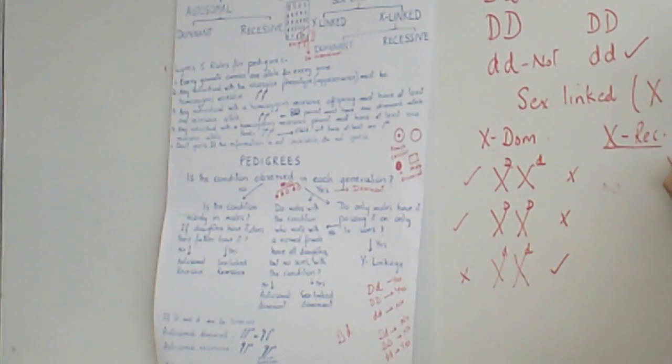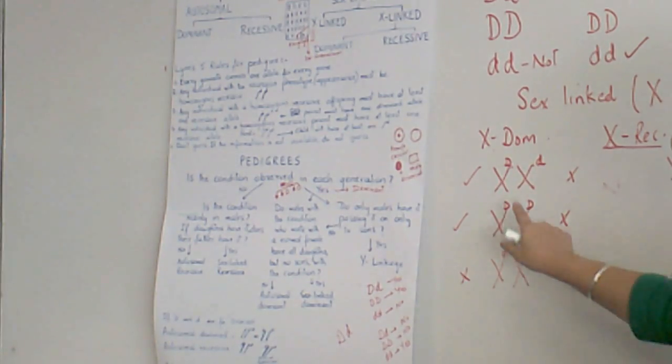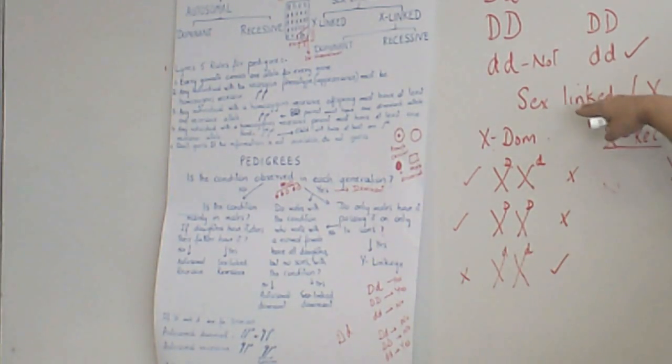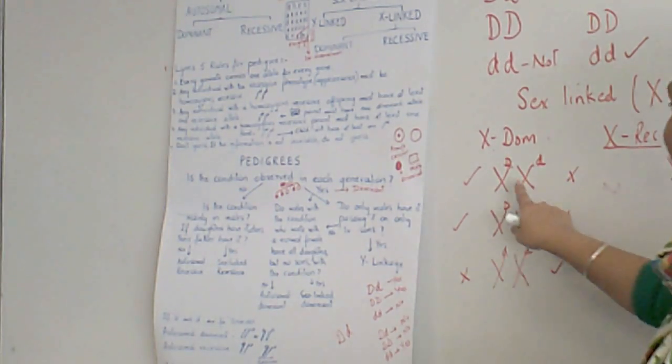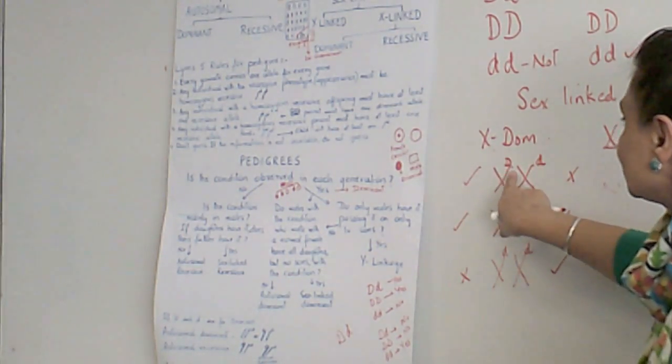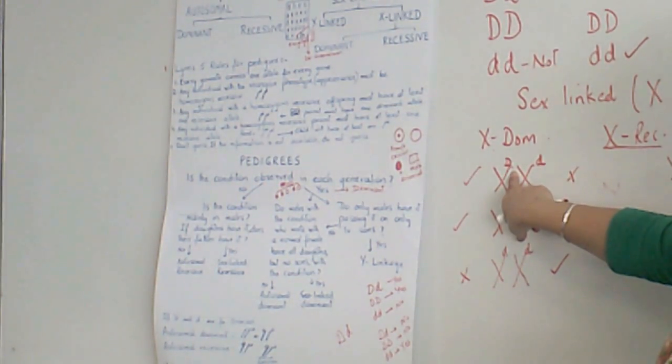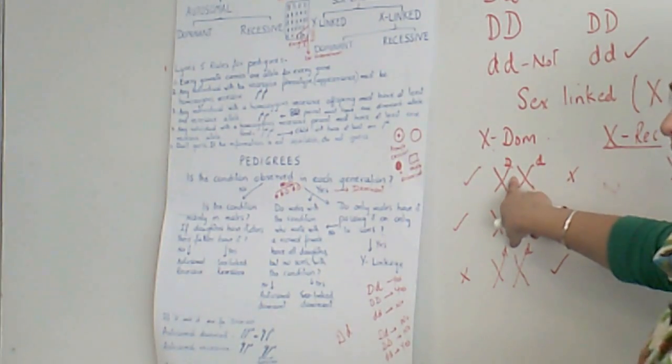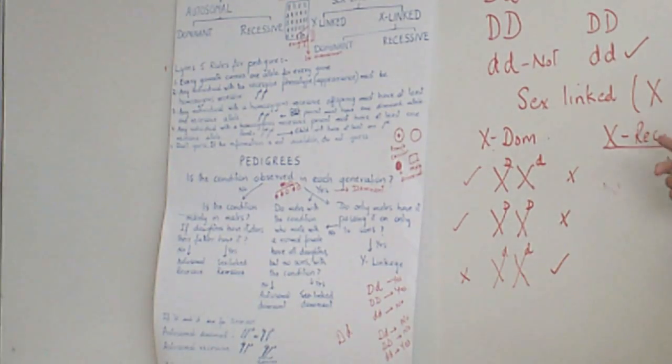So if it is this, are they going to be affected? Yes. That's the difference. That's why we study sex-linked separately from autosomal. Can you see the difference here? See, for a female, if she's got one capital D and it's dominant, yes. For this one, only one, because there's only one X, yes.